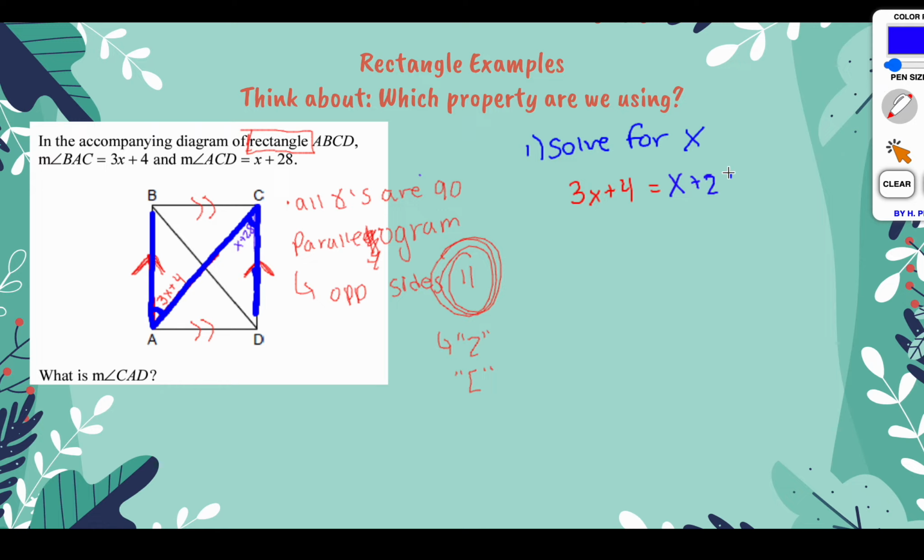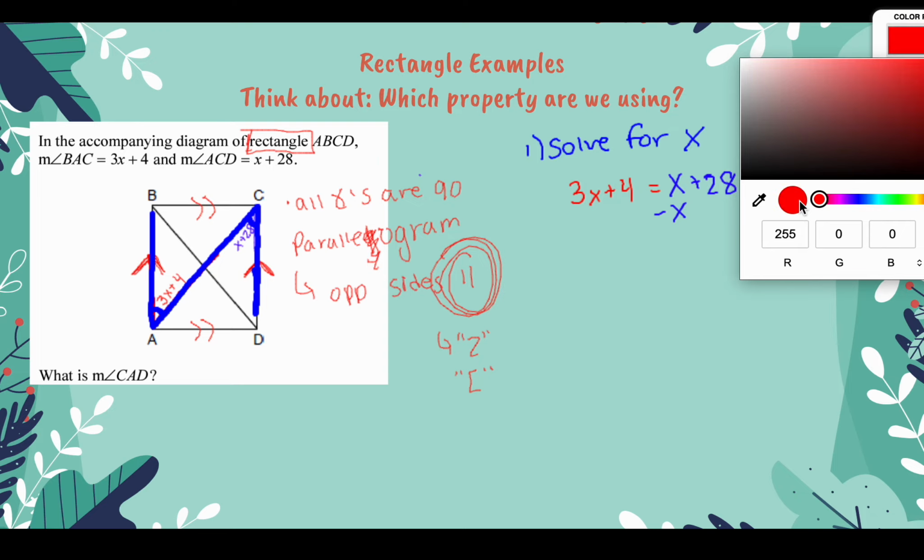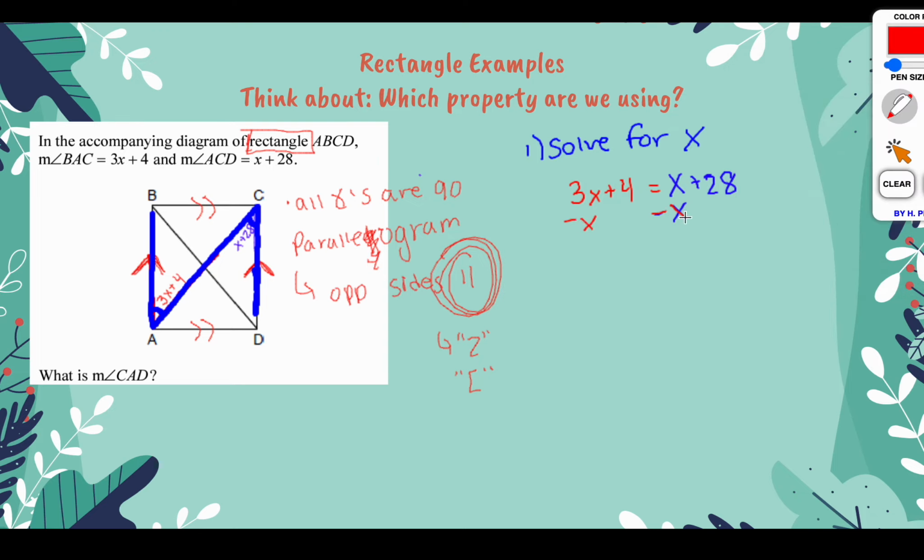This is just algebra, so we subtract x, and we get 2x plus 4 equals 28. Then we subtract 4 on both sides, and we get 2x equals 24. Divide by 2, and we get x equals 12.